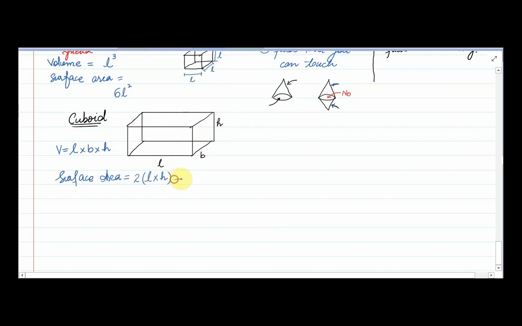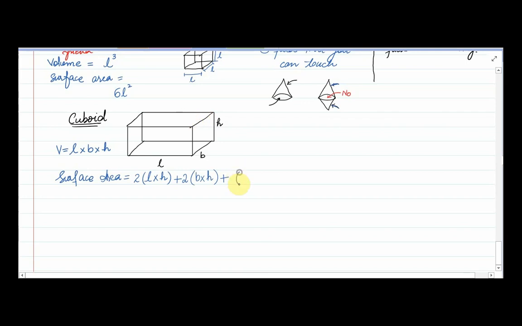Similarly, if you take a look at the right rectangle, the area is base times height, and this rectangle and this one are the same, so you need to multiply it by 2 as well. For the last one, the top face, this length is L and this length is B, right?